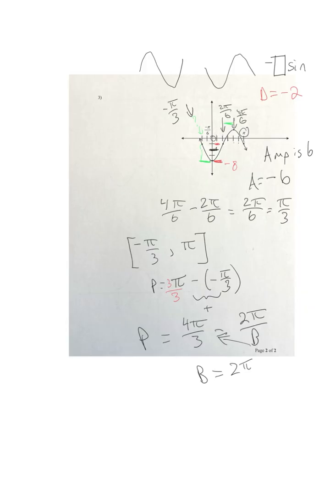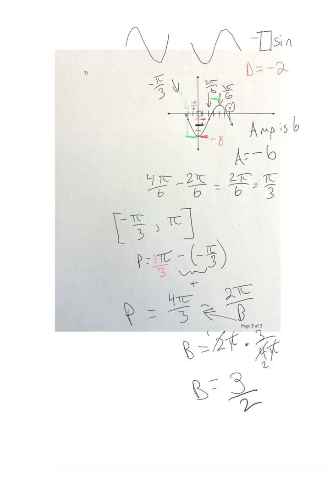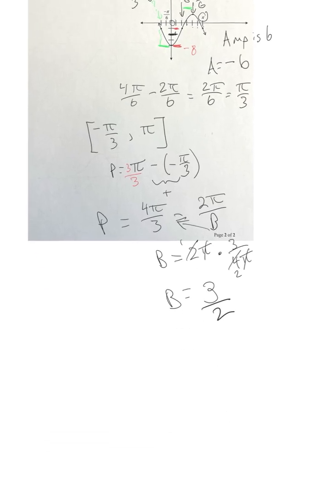So 2 pi times 3 over 4 pi. The pi's cancel. 2 goes into 4 twice. Looks like we're getting b. We are getting b equals 3 over 2. Excellent. All right, so 3 over 2 is b.